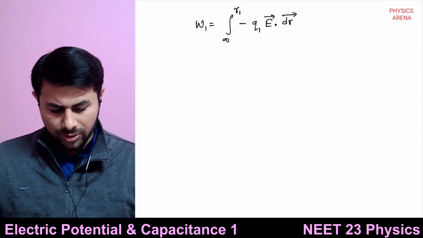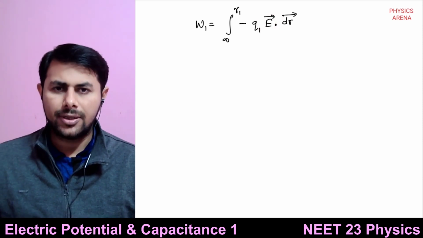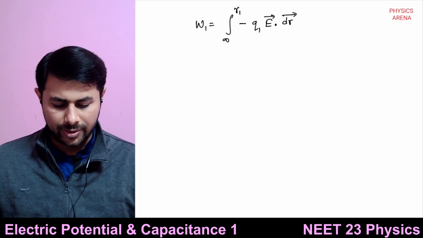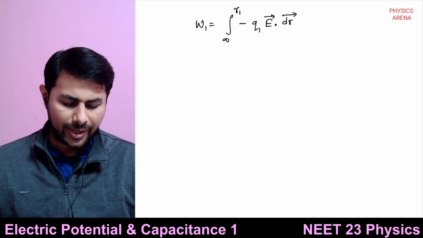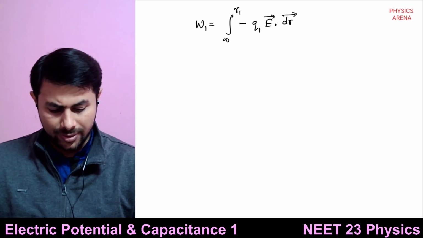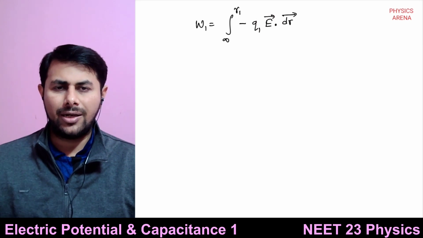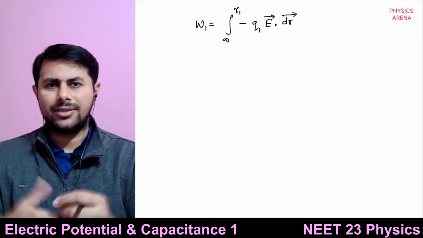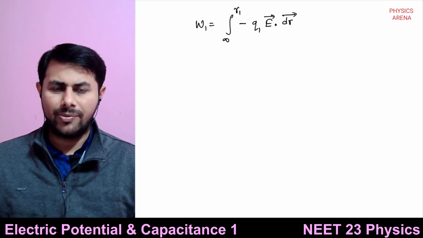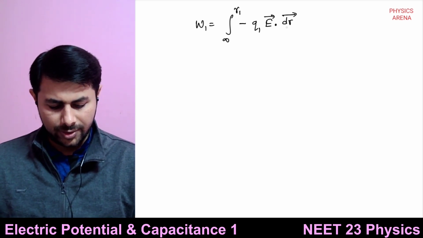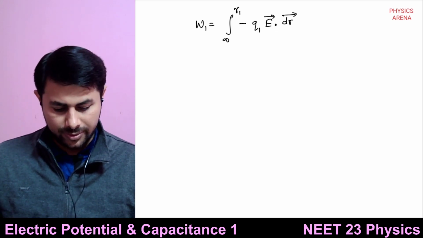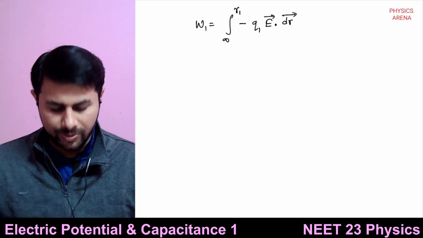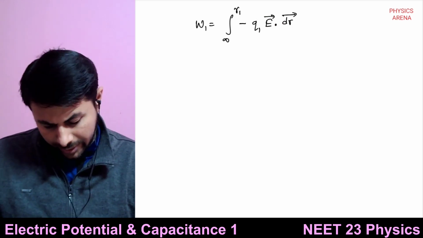Now it depends on the electric field what kind of final expression you get. If E bar is directed along the x-axis only, then movement along the x-axis will only matter, nothing else, because this is a dot product. So it depends on the nature of E bar how much the work done would be.